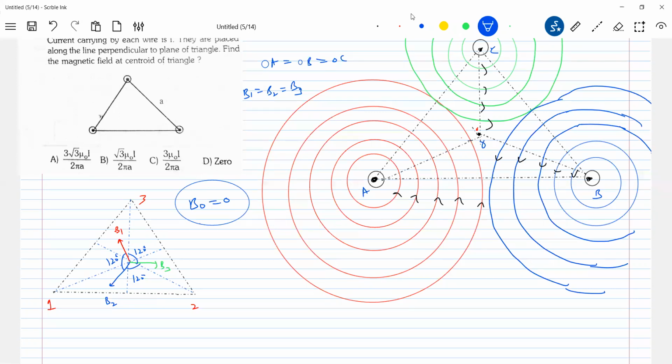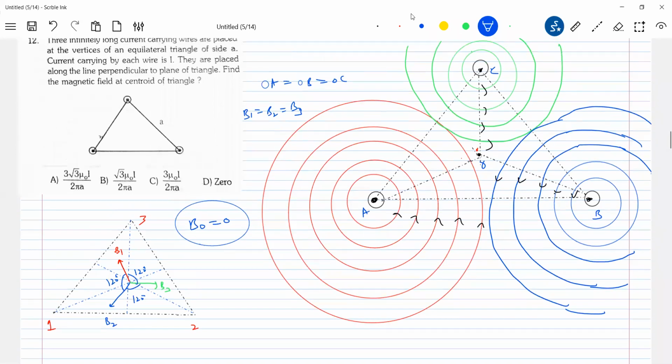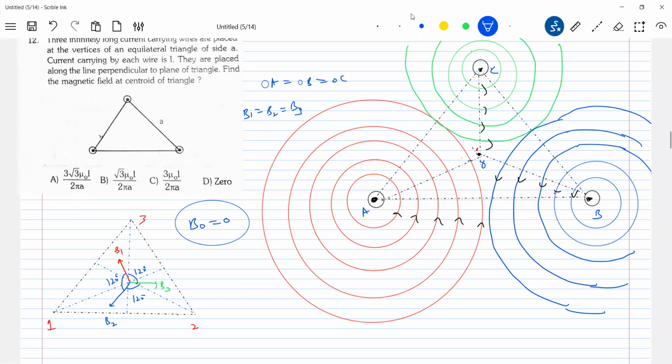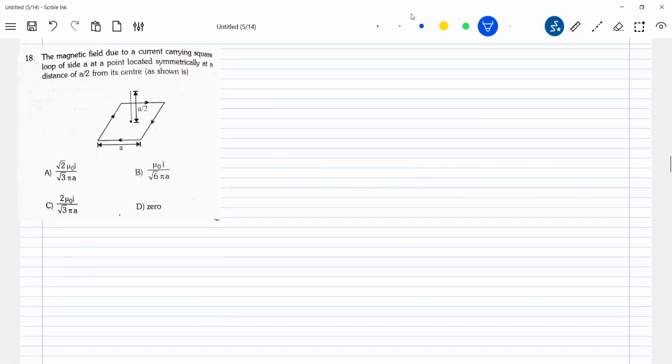You can do that mathematically, or take help of lines of force. Will be much easier. You have to be very careful for exams. Small ideas based problems. That sharp thinking is what is needed here. Take the next one.